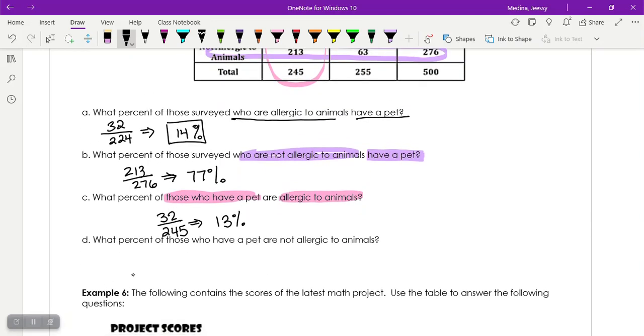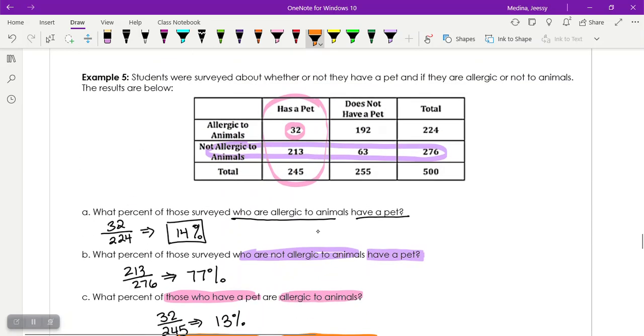All right. What percent of those who have a pet are not allergic to animals? So where are you focusing? Where is the whole group? We're looking at everybody that has a pet. Out of those who have a pet, how many of those are not allergic to animals? Let's see.